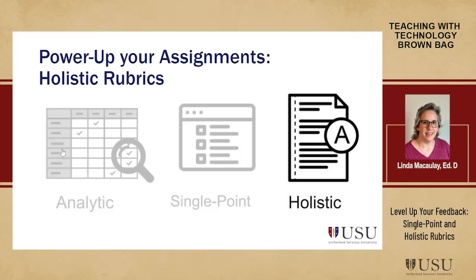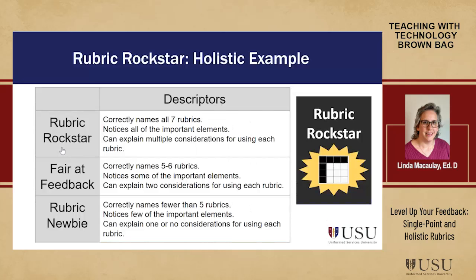So think about this. Have you ever designed an assignment that you needed to give just a level of performance grade like A through F or honors pass or fail? If so, a holistic rubric might be a good fit for that assignment. When we look at our rubric Rockstar game, we made a holistic rubric for it. And again, you see those same three criteria that we are assessing for the game.